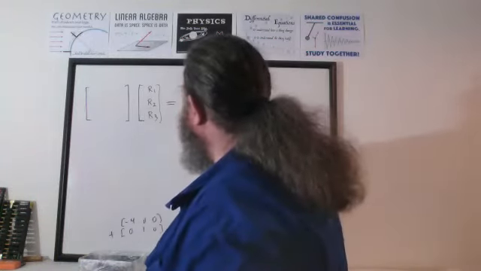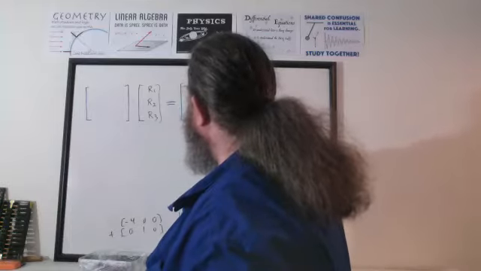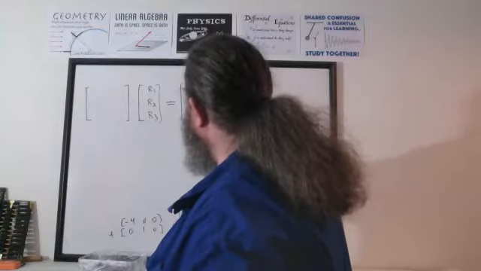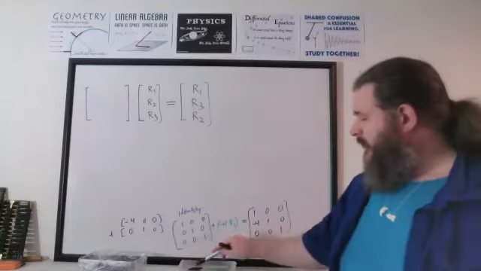Let's say we want to change that by swapping row 3 and row 2. So essentially we're doing a row swap here.